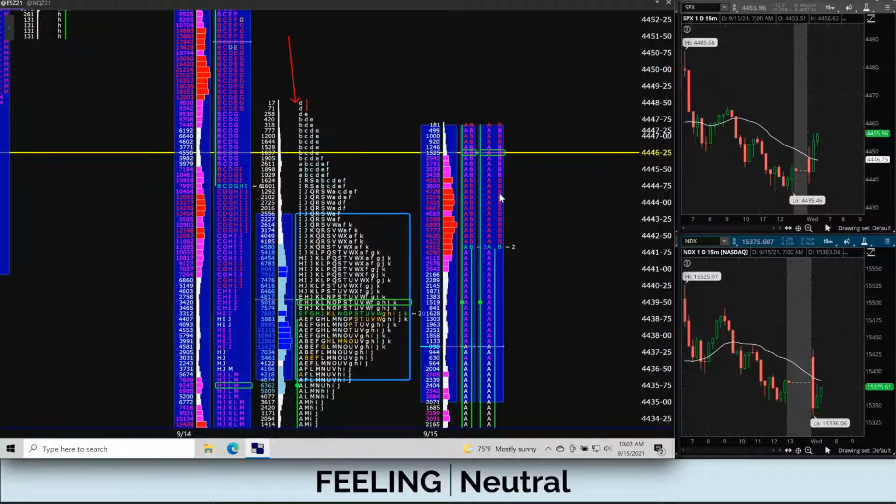We expect to have a push away from the poor high back into this support once again, building up more momentum to break out to the upside.